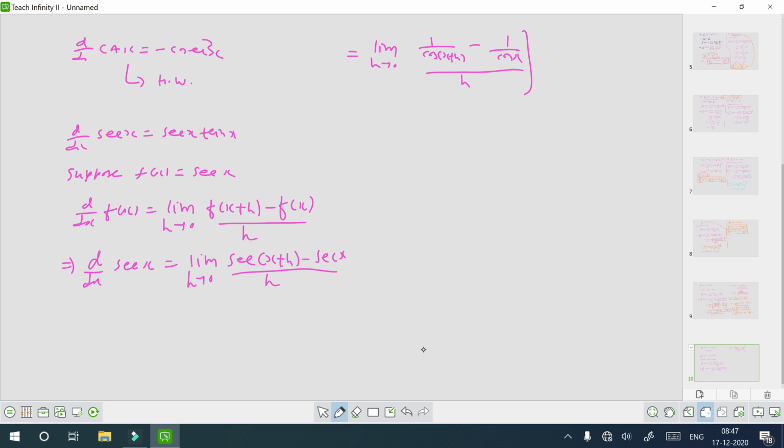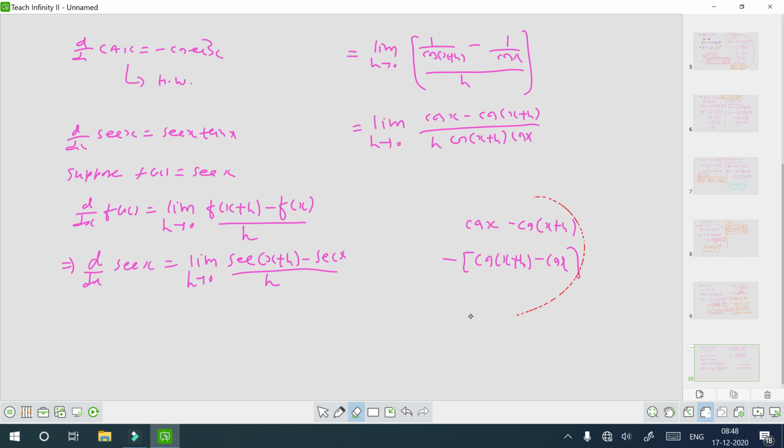Yes or no? Now see, if I take LCM, then what do we get? Cos x minus cos of x plus h. But can we write this as a minus of cos of x plus h minus cos x? Yes, we can write it. So that is equal to limit h tends to 0, cos x minus cos of x plus h over h into cos of x plus h into cos x. Clear? Now take the minus sign common, because we write the greater angle first. Let us take it throughout common.